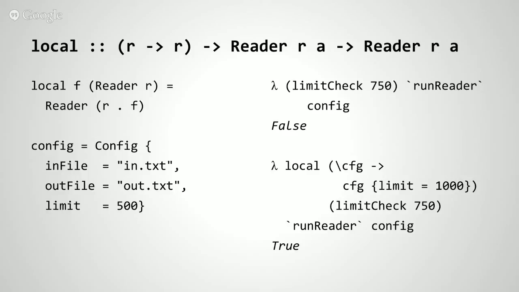When we run that reader on the config, it returns true, because the local function says, I want a reader action that changes the config before it reads from it.